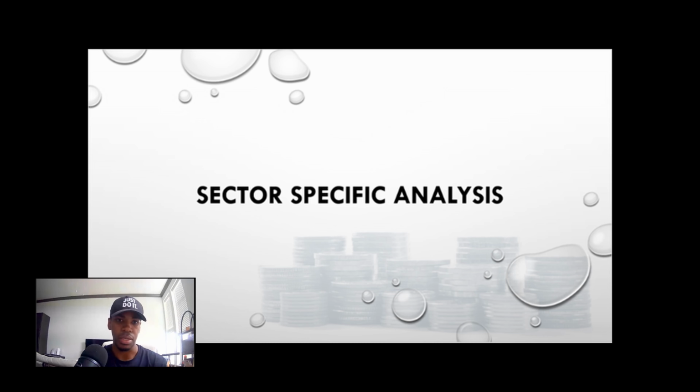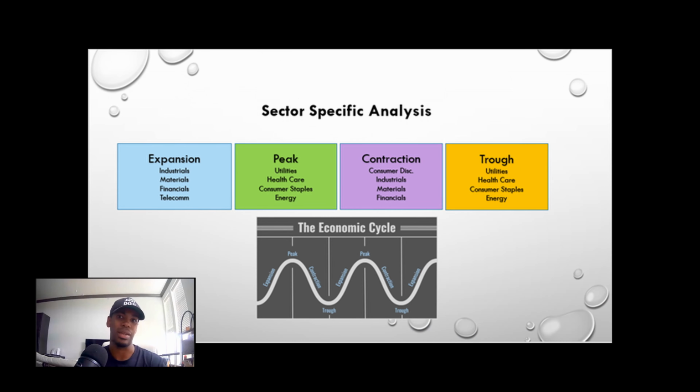So now that an investor knows where the current market is, the next step is to identify the sectors which are expected to do well, right? There are multiple sectors that are expected to perform better at different stages of the economic cycle. And we can identify and compare sectors with similar expectations to find the best investment opportunities, okay?